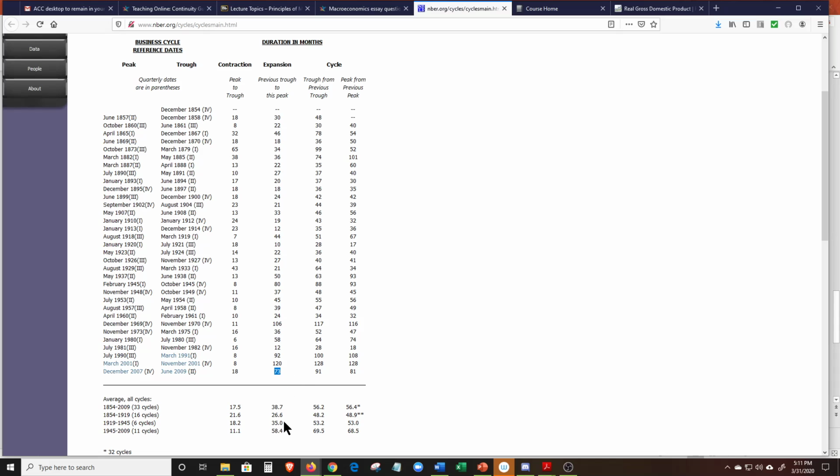Bush. And we just ended, with this coronavirus, we've just gone into a recession. It's going to be a pretty tough one. It's going to be an interesting time period to live through as far as macroeconomics. But June 2009 was the trough. And let's just call March of 2020 the peak.